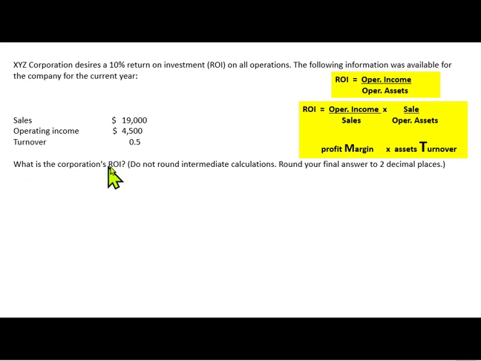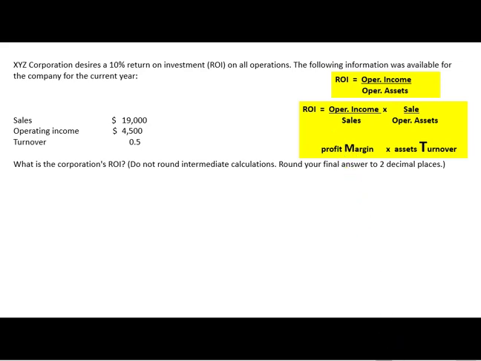So what is the company's return on investment? Let's see which one of these 2 formulas we should use. Here, we've got operating income, but we don't have operating assets.